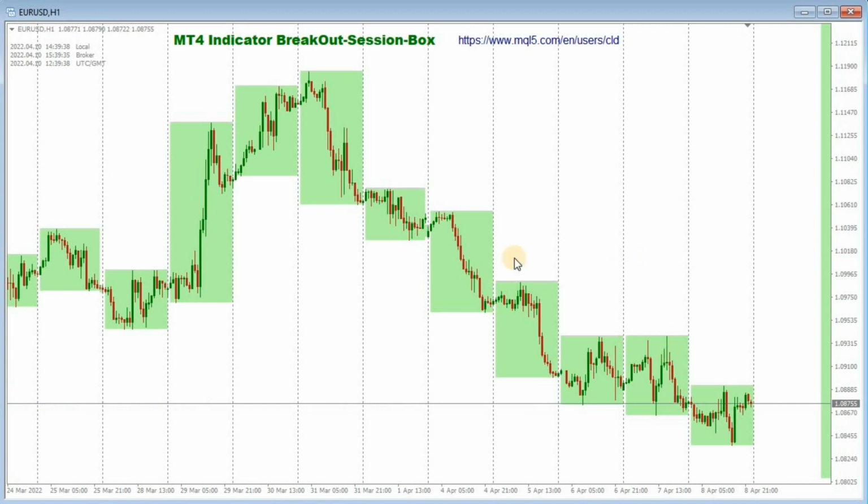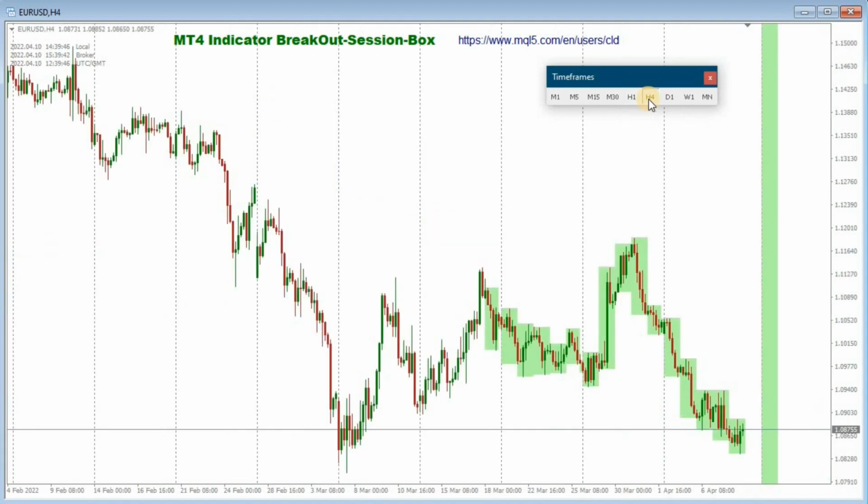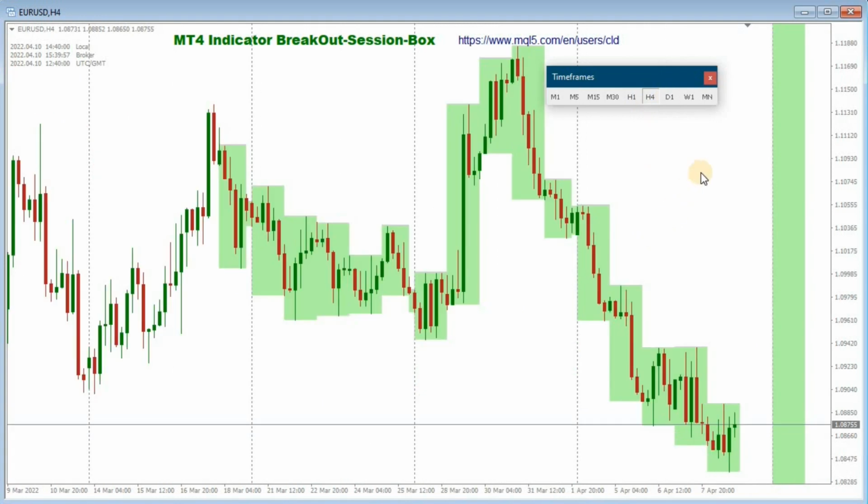Here the whole trading day is marked, which for example makes sense in the 4-hour chart. Here you see the 4-hour candles of a whole day, which can also be used as a trading method. Good to see the timeline.